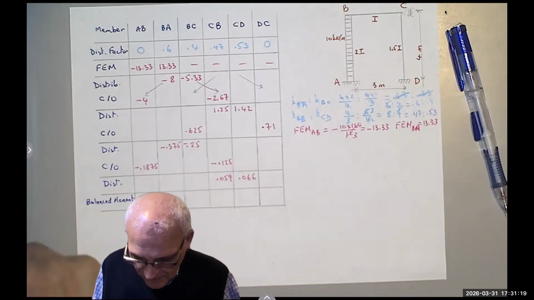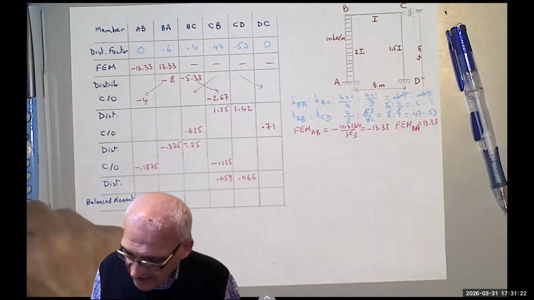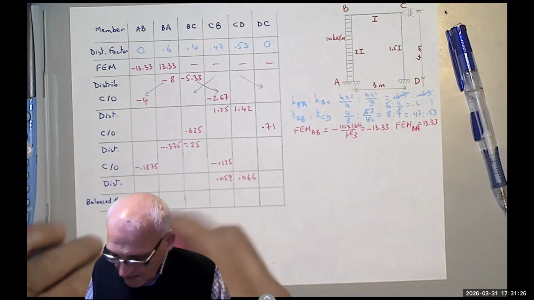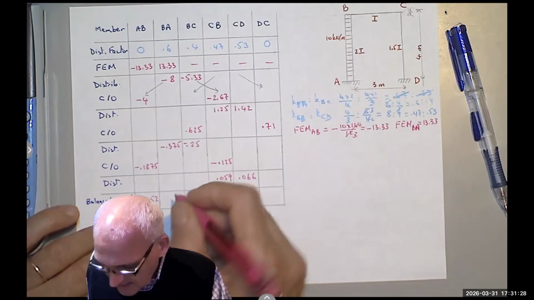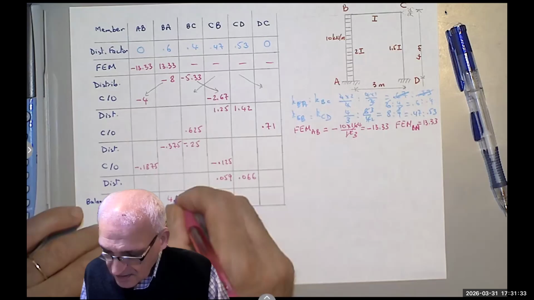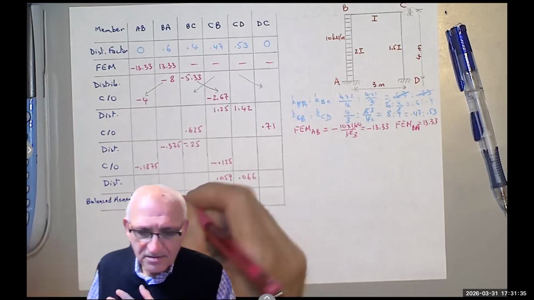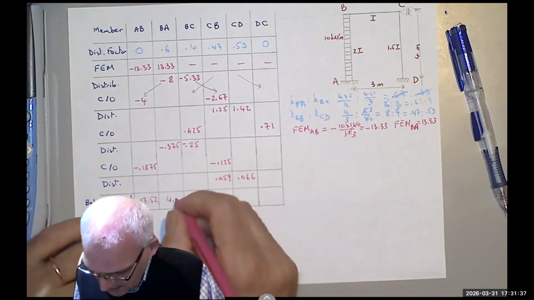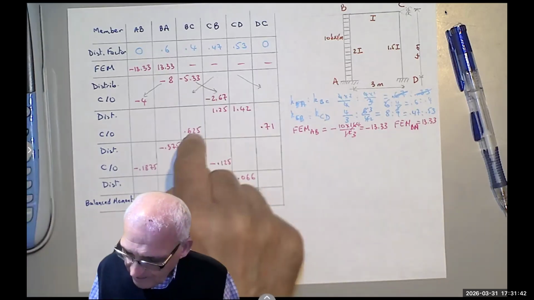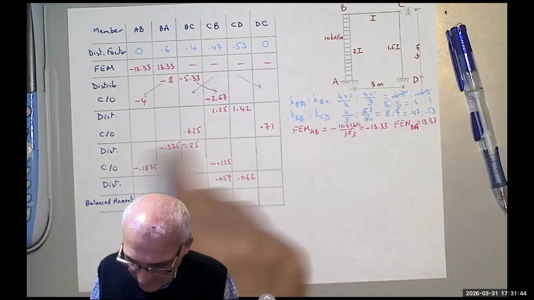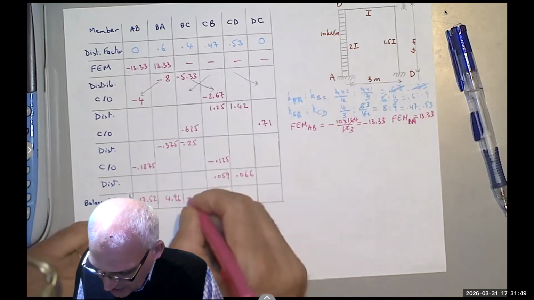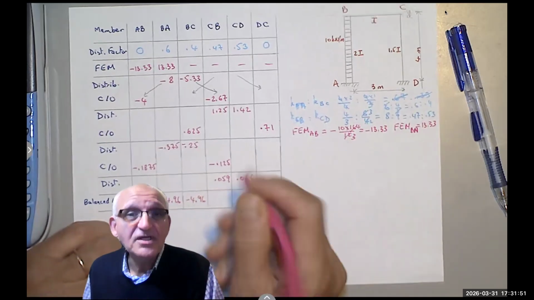Let's add those. 13.33 minus 8 minus 0.375 is 4.96. 4.96, right? Here I have negative 5.33 plus 0.625 minus 0.25. Again, it has to be the same, but we check for calculation error.